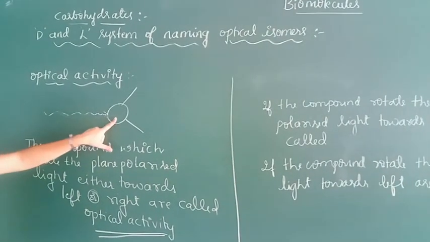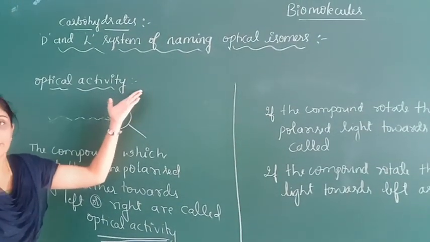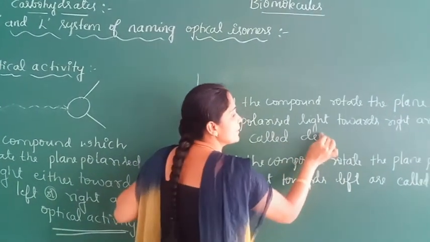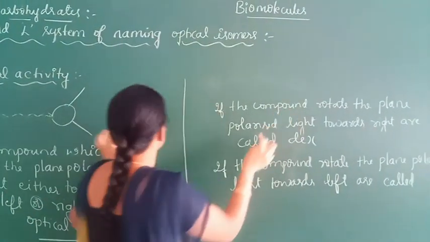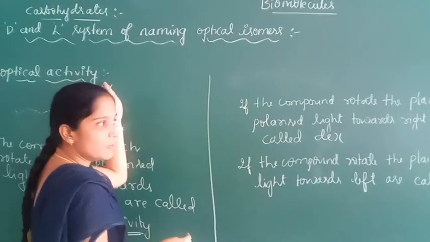If the compound rotates the plane polarized light towards the right side, it is called a dextrorotatory compound. This can also be indicated as D compound, or it can be indicated by a plus sign, plus compound. So what are dextrorotatory compounds?